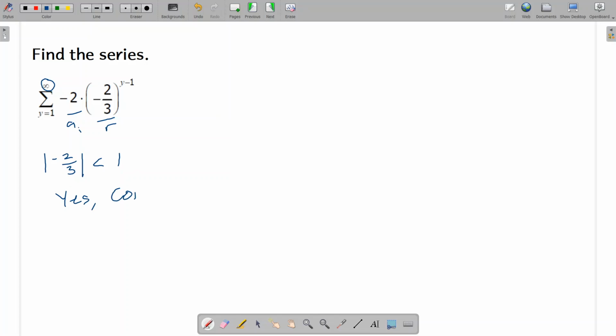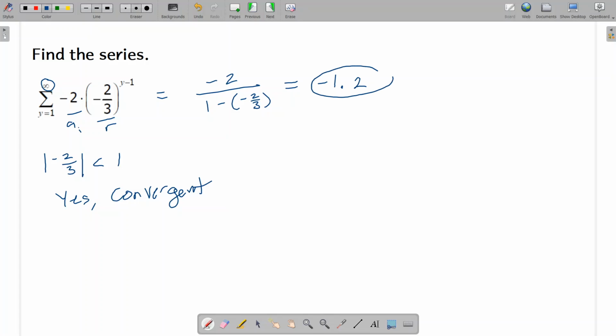Yes, so that tells us that this series is convergent, which allows us to then find that sum. So the formula is A1 divided by 1 minus R. And if we do this calculation here, we're going to find that that sum is going to approach, or converge, to -1.2.